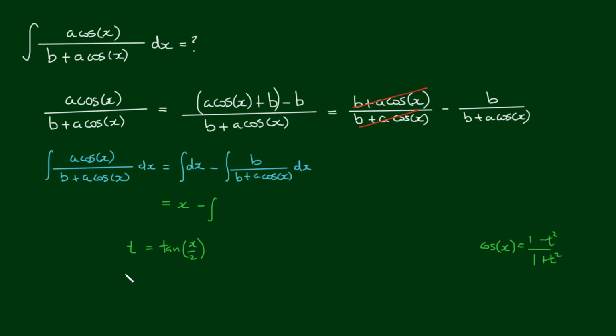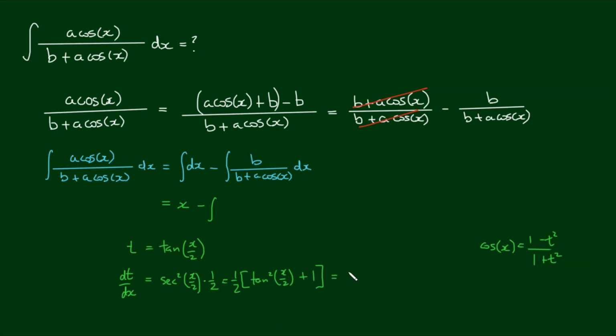But since we're using this t equals tan of x on 2, we need to substitute the differential dx as well. So the derivative dt on dx is equal to tangent differentiates to secant squared, and then applying the chain rule we multiply this by a half, which equals a half by, now the secant squared is equal to tangent squared of the angle plus 1.